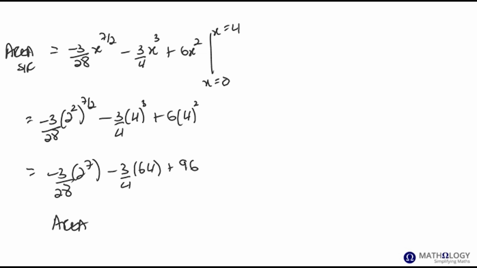So the area of the shaded region equals 240/7 units squared, which is approximately 34.28, 34.3 units squared.